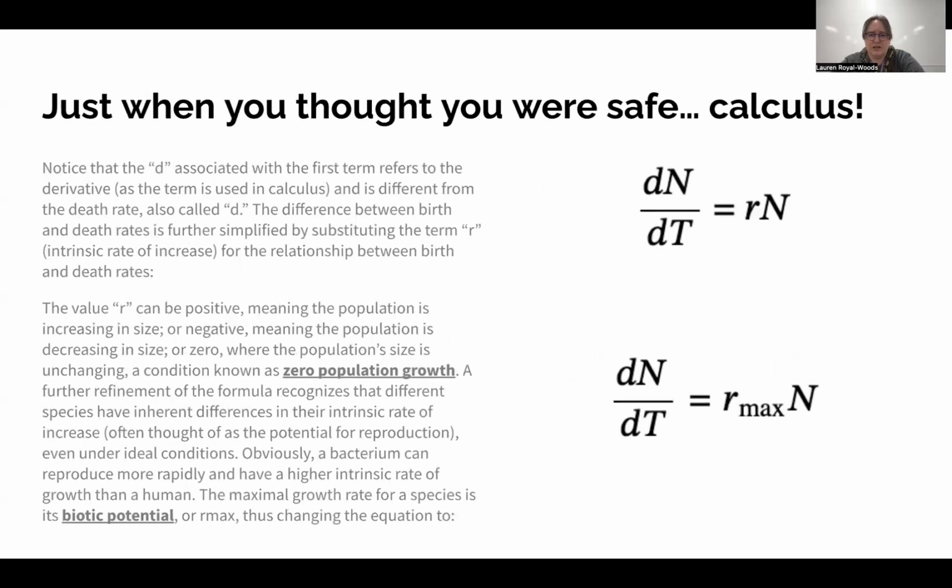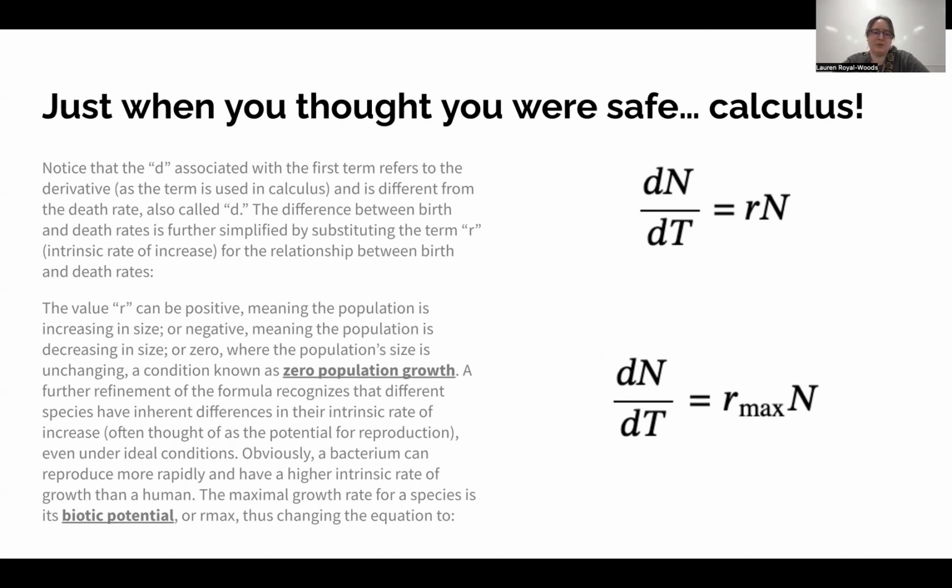Now, calculus. D is associated with the first term, which means derivative. Calculus, here we come. And it's different from the death rate, which is also D, because you can't have enough letters that are exactly the same to make this even more confusing.